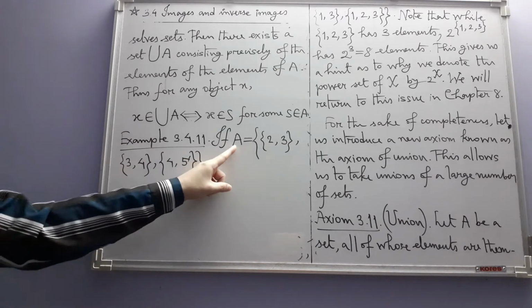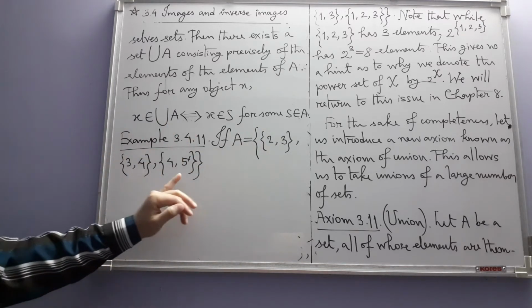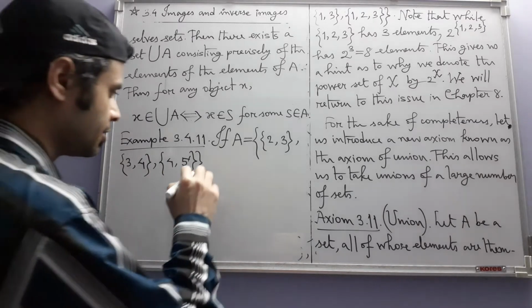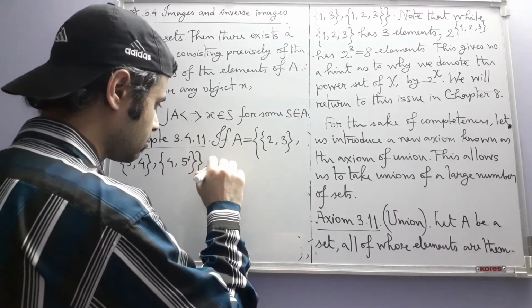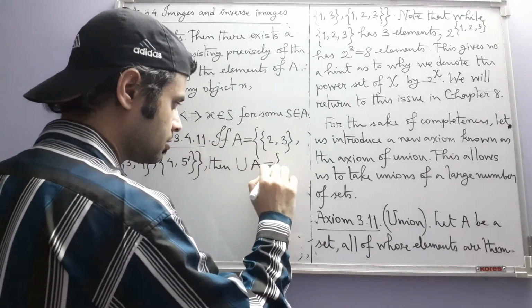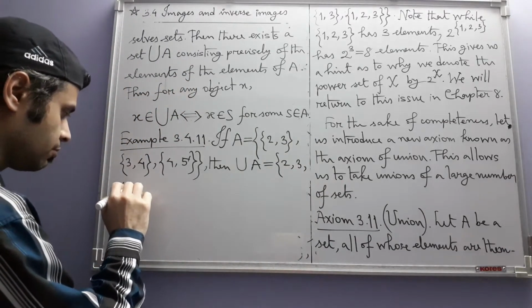So you see here A is a set whose elements are all sets. A has 3 elements, each of them is a set. Then union of A is equal to {2, 3, 4, 5}.